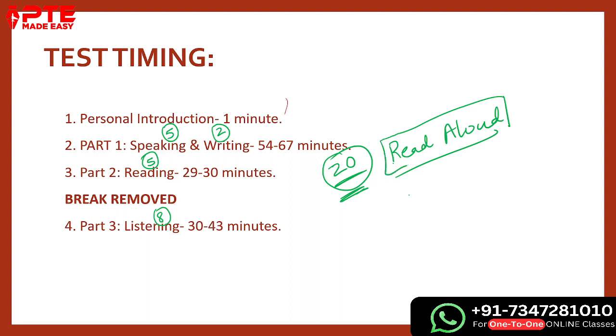Here you are going to get the score for reading as well as speaking, because firstly you read the text in order to understand it, and then you speak it aloud, so you get the score in both reading and speaking modules. Similarly, there are other tasks in which you get integrated scoring.